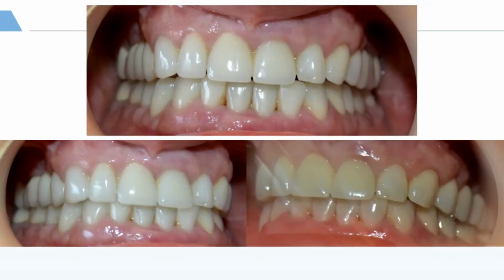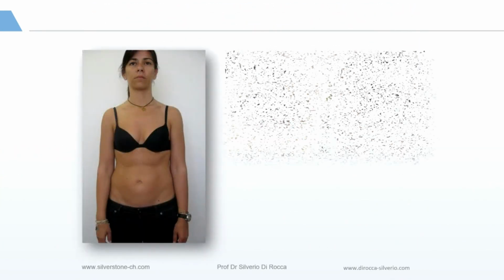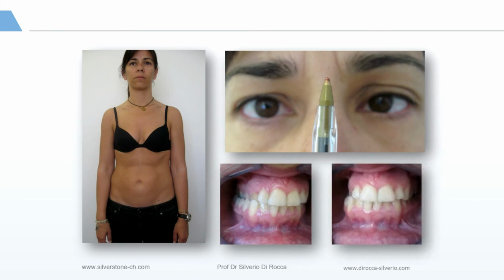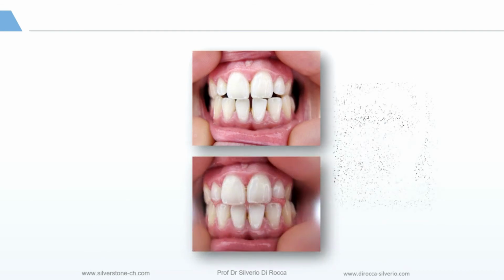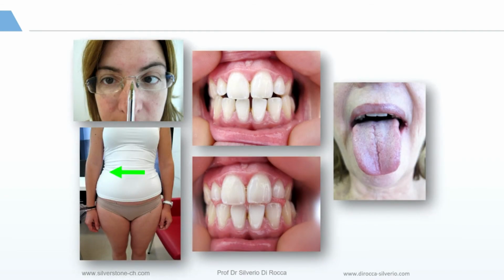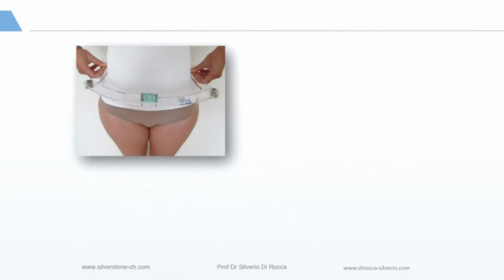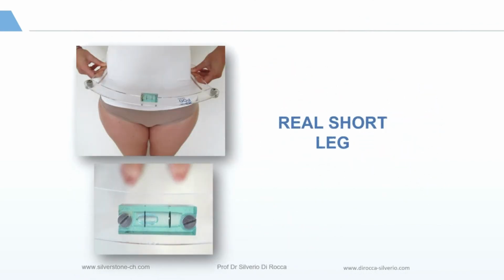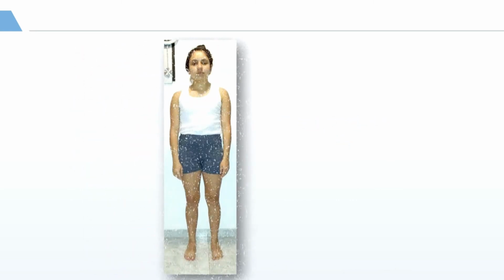And you can treat a lot of patients like this, a lot of patients with postural disease, a lot of patients with several problems that it is impossible to treat separately. You have to treat them with an interdisciplinary protocol, all of them. It is impossible to treat these patients with only one tool or with only one discipline.